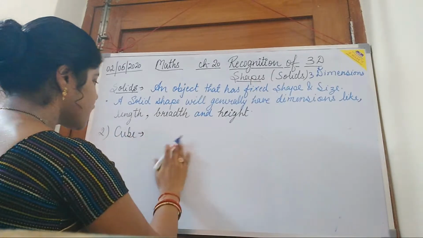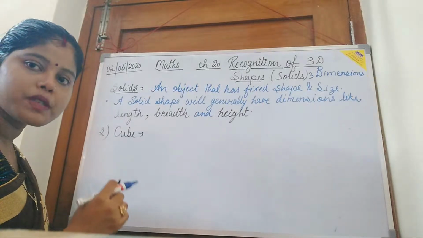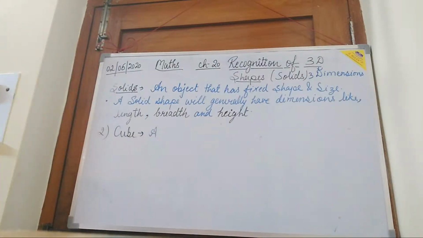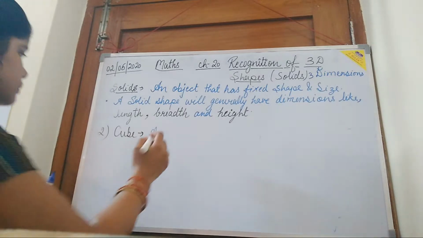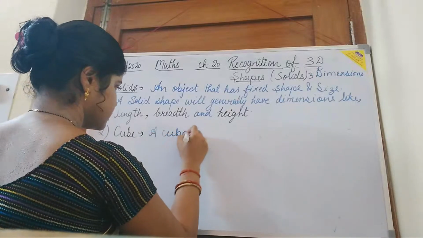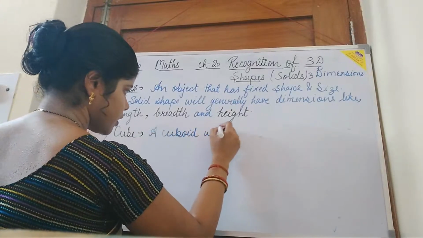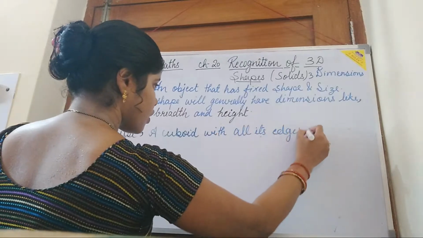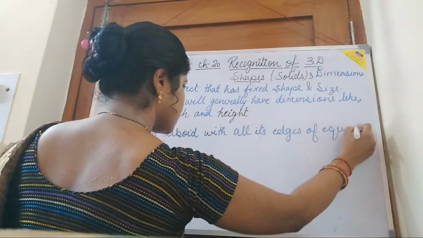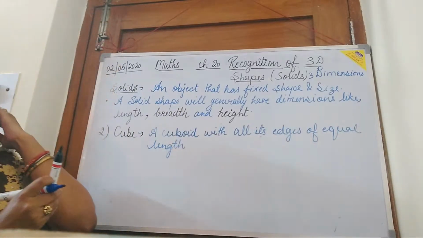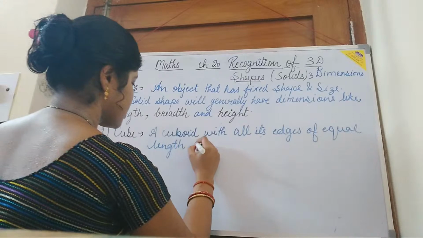A cuboid with all its edges of equal length is called a cube.